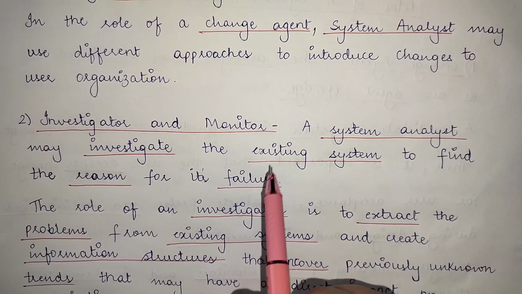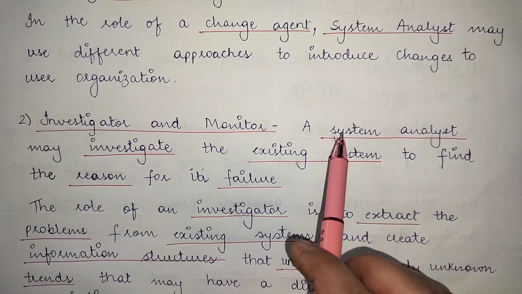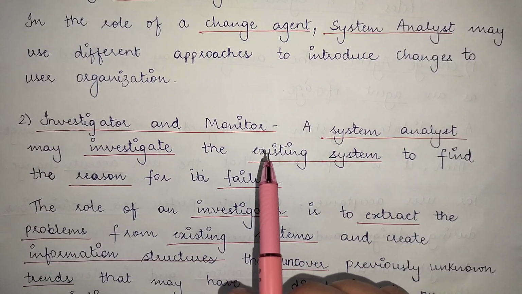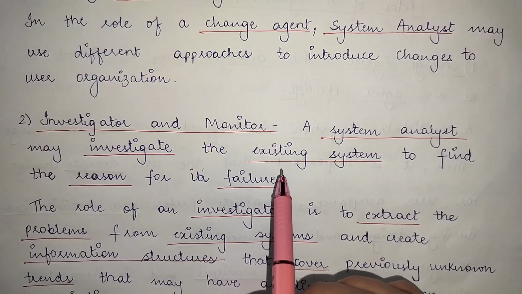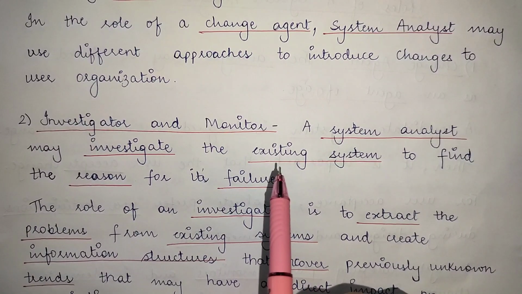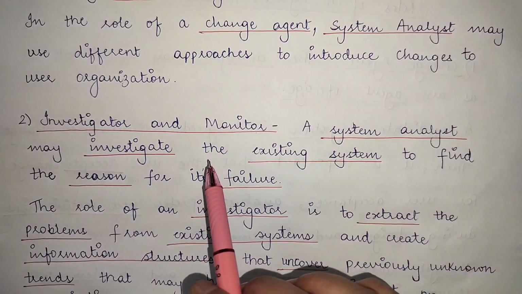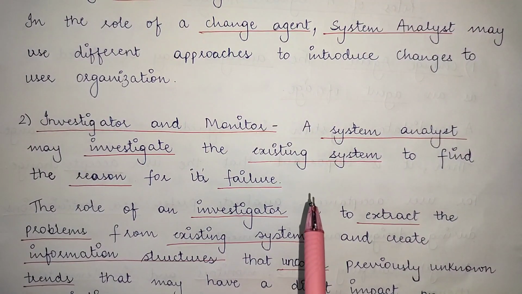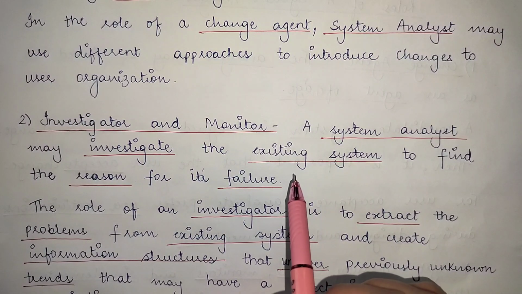So the first thing that a system analyst does as an investigator and monitor is to investigate the existing system. Before he designs the new candidate system, he investigates the existing system to find out the reason for its failure and why this business had to come up with the idea of a new candidate system.